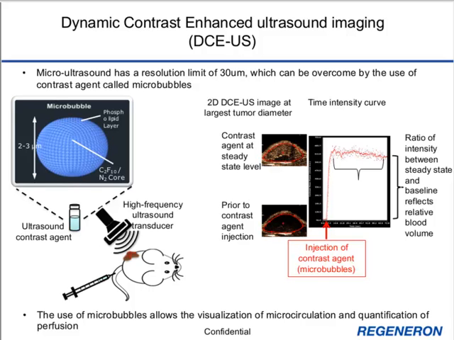The ratio between the steady state level and the baseline intensity is calculated, and that reflects the relative blood volume as a readout for perfusion. Thus, the use of microbubbles allows the visualization of microcirculation and quantification of perfusion.